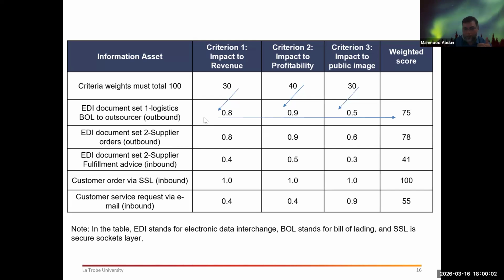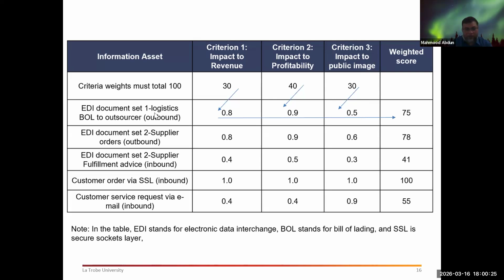So here you can see that this business process has an impact of 80% to revenue, has an impact of 90% to profitability, has an impact of 50% to public image, because public image is also very important for a brand name and so on. So it doesn't have much effect. What is this?